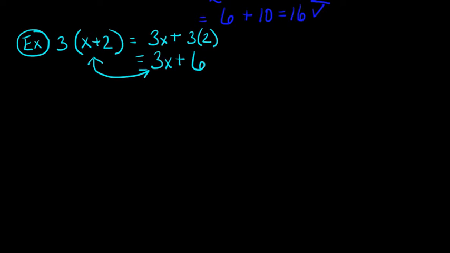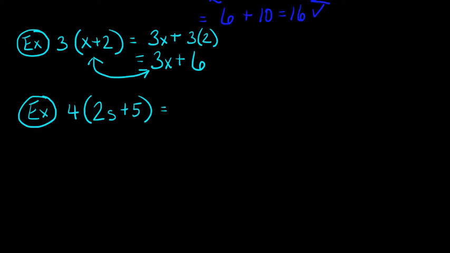All right, let's do another one. Let's say you're given 4 times (2s plus 5), there's your variable. We want to distribute our 4. We want to pass it out to everybody in there.